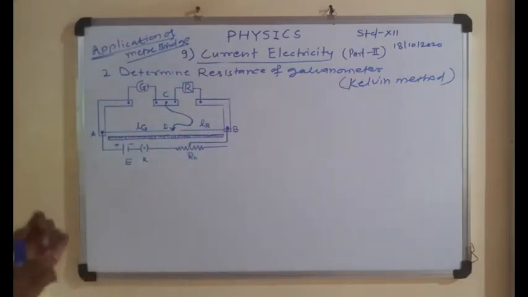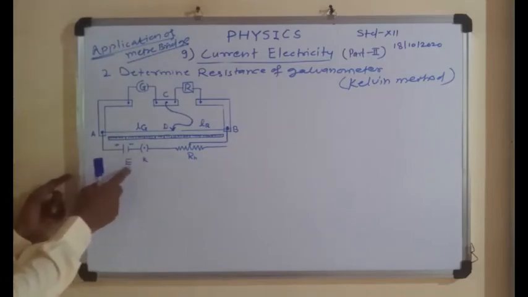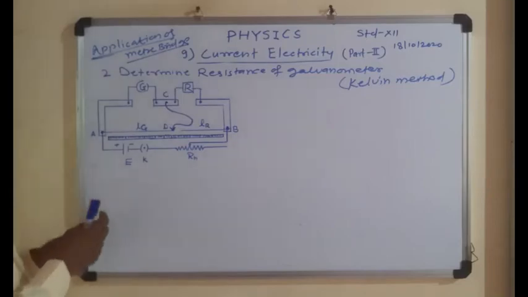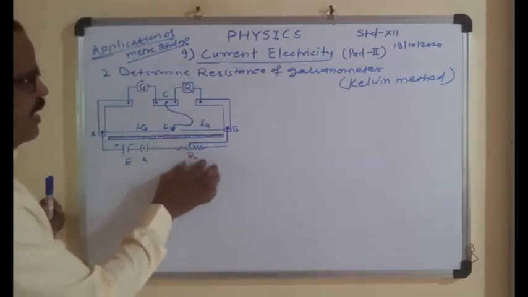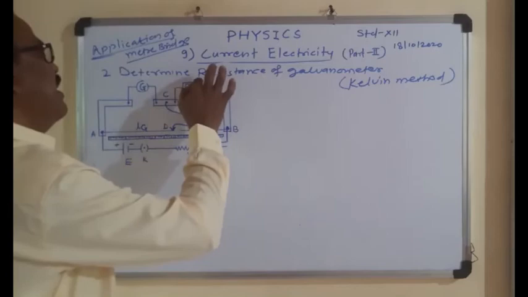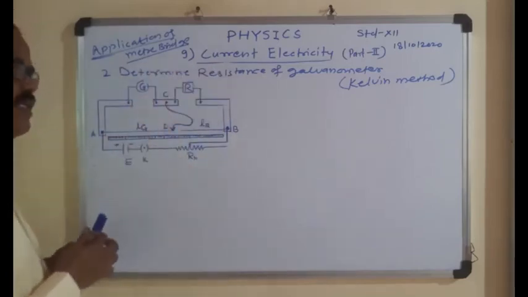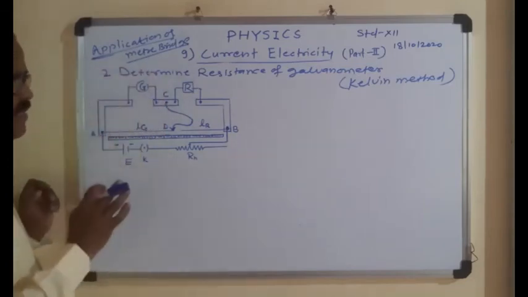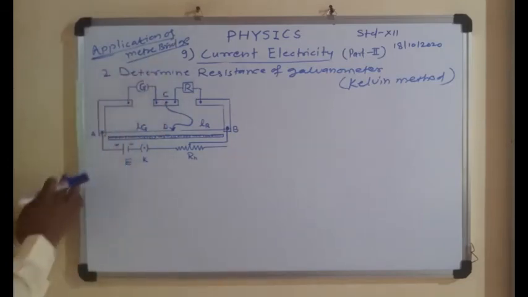Now, working. Press the key K, send the current I through the circuit, adjust the rheostat and take a suitable resistance from the resistance box. Then the galvanometer shows a deflection.